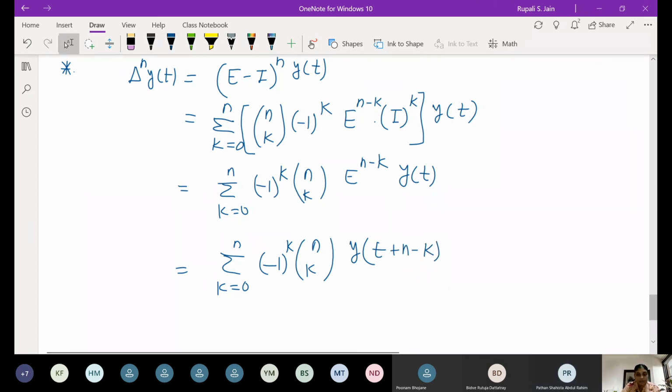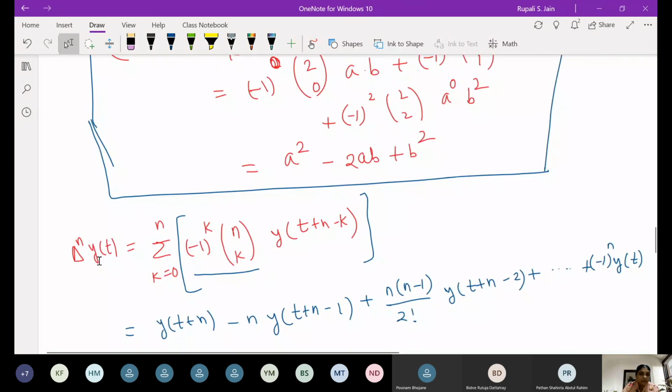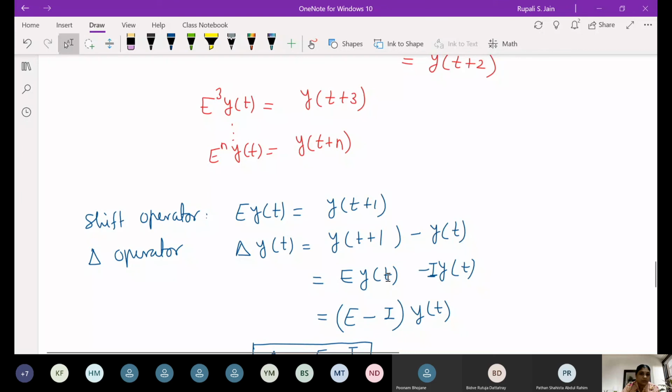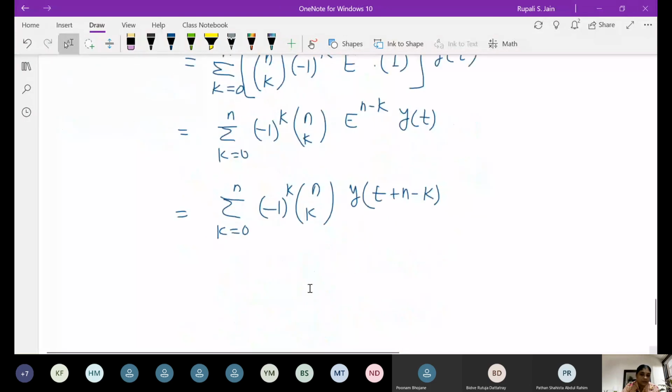So you can see this formula is the same as the one here, where we have generalized it. Here we got it because of e minus I. This one is easy, right?